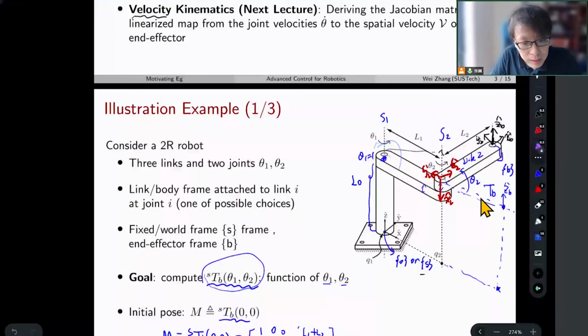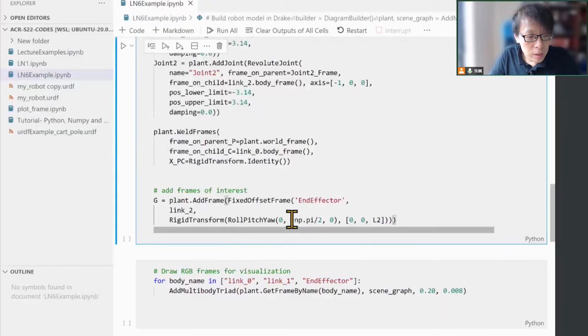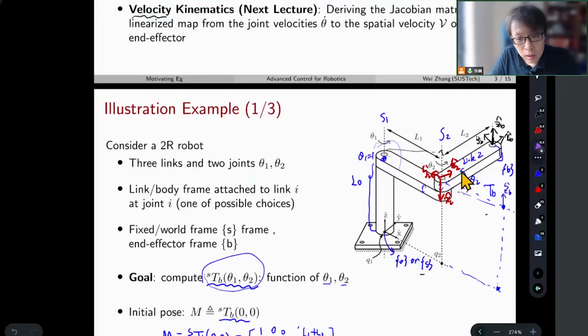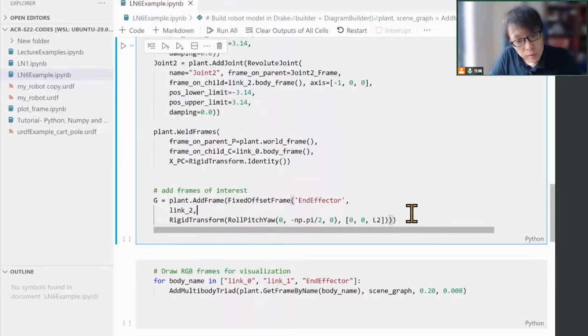By negative half pi. Is that true? Rotate this frame about Y by half pi will come here, and then it's negative half pi, it's to here. So that will be the B frame. So that's rotate about Y negative half pi, and also displacement along the Z direction by L2. So that's my B frame.